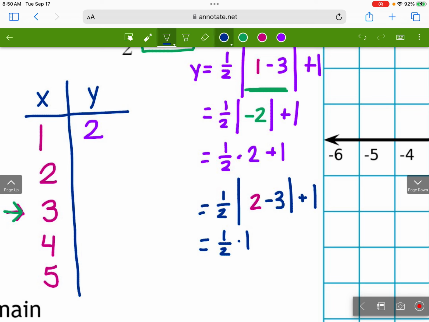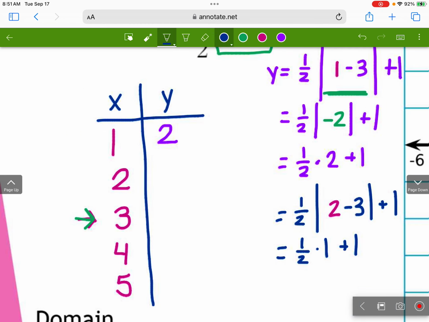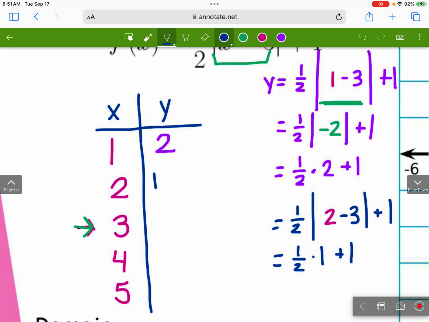So we have 1/2 times 1, which is going to be what? 1/2 or 0.5 plus 1. 1.5 or 1 and 1/2. I genuinely do not care if you put it as a decimal or as a fraction. It makes no difference. Whichever one of those makes your brain hurt less.